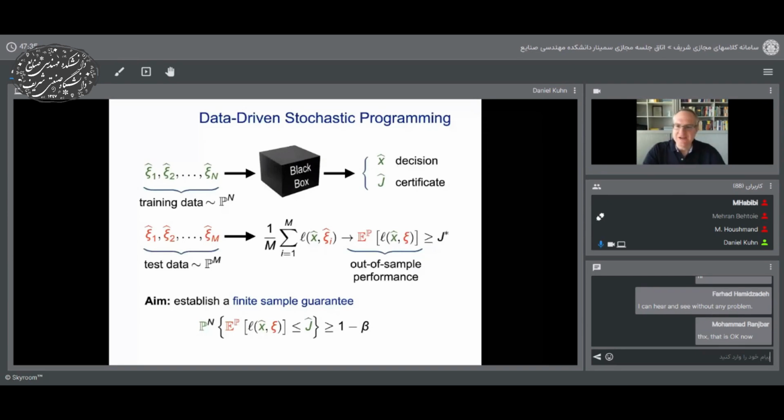Now assume that we have such a method, and let's assume we have found a data-driven decision x hat. How do we assess how good this decision actually is? Well, like in machine learning, the best thing we can do is simulate our loss by using a different set of data, namely a set of m different test samples, denoted with red letters, xi hat 1 up to xi hat m.